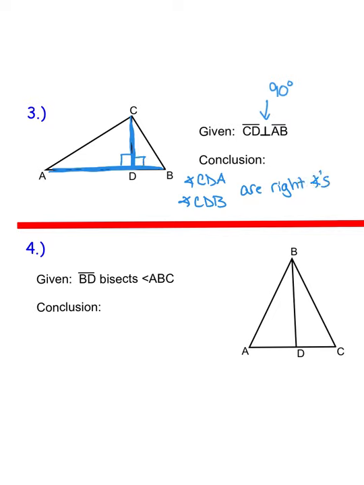If you are the kid who has difficulty labeling angles with the letters, you can also technically put a 1 here and a 2 here, and you can call this one angle 1 and this one angle 2.